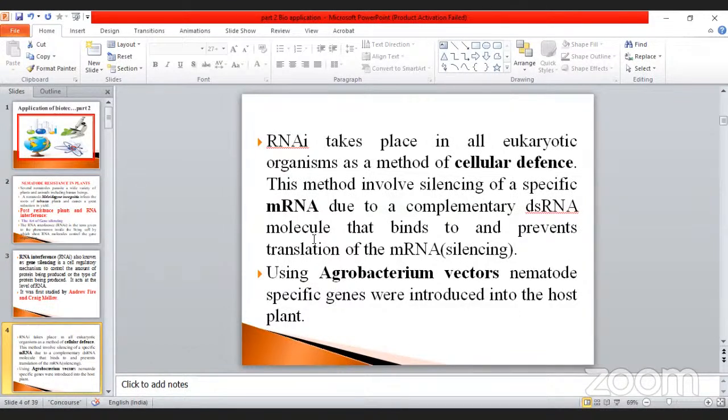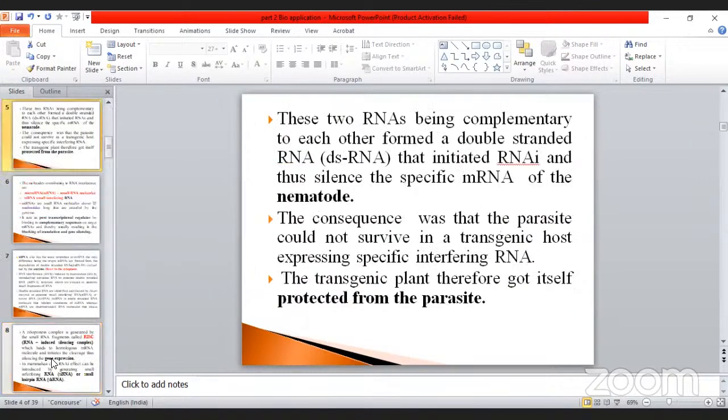Here we used which one? Agrobacterium vectors are used for nematode-specific gene isolation and also proliferation.